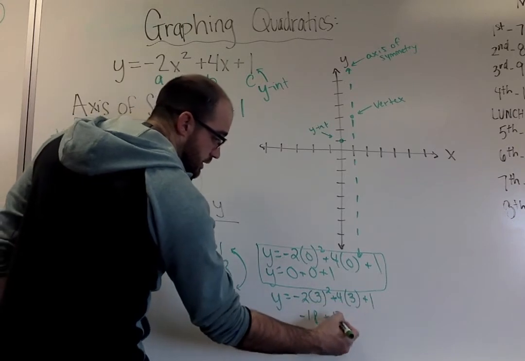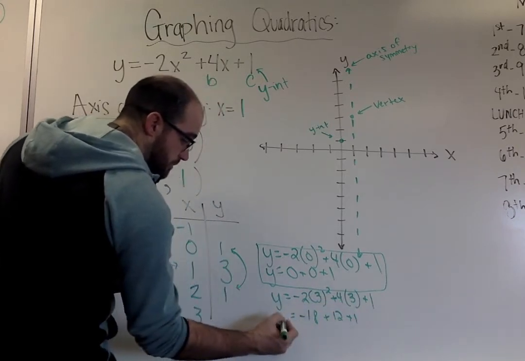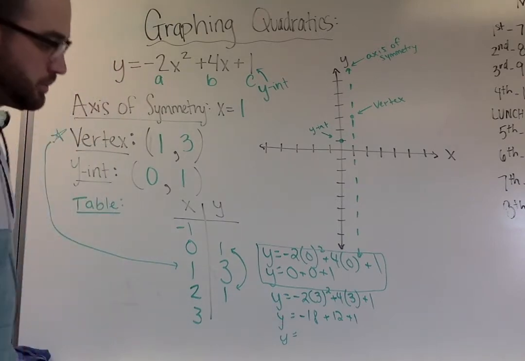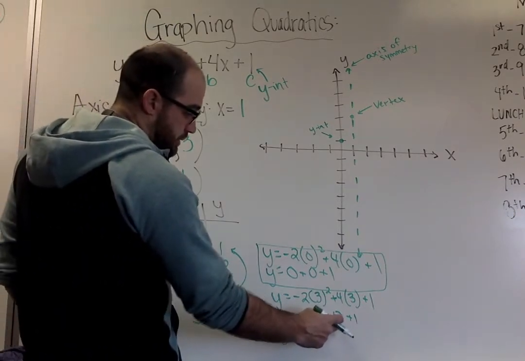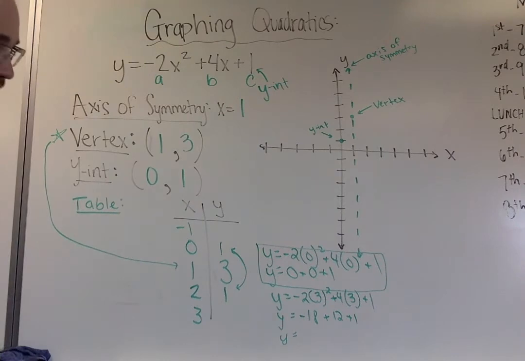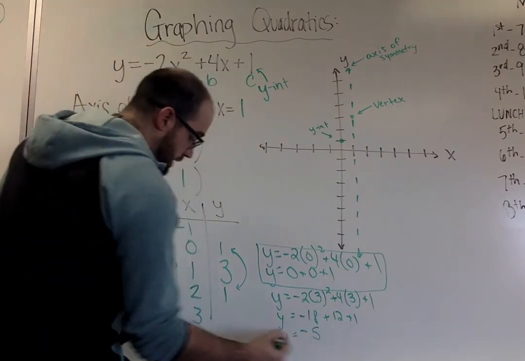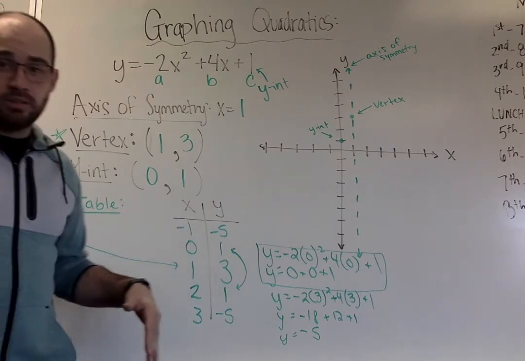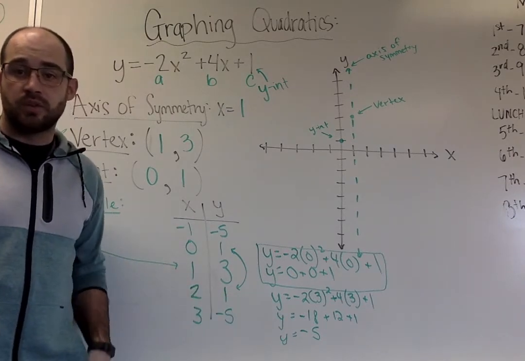Plus 4 times 3 is 12. Plus 1. So when I plug all this in, -18 plus 12 is -6, plus 1 is -5. We have our table filled out by just plugging those x values in.